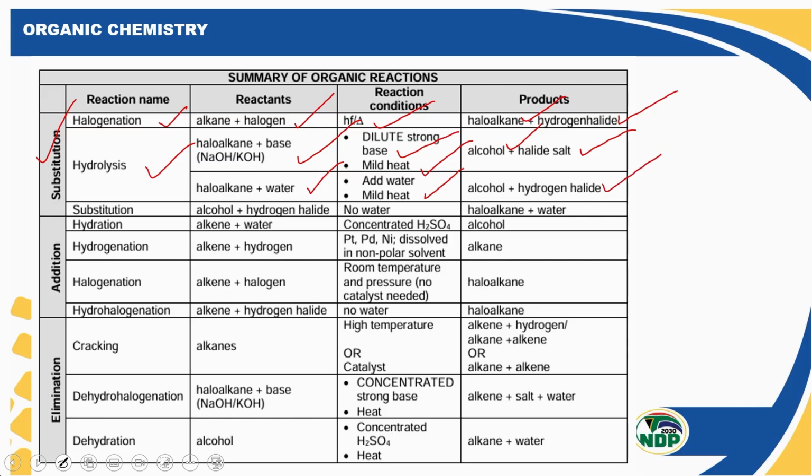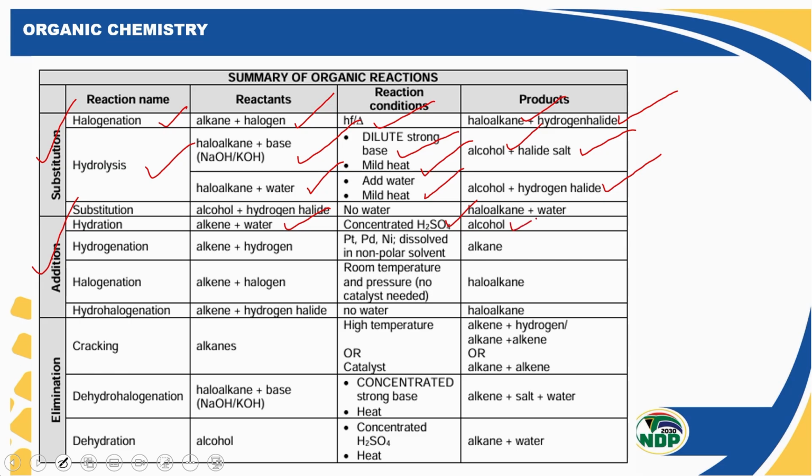You look at your reaction number 2, which has different types of it. That is your addition reaction. Type 1 of addition reaction is hydration, where an alkene reacts with water. Conditions there: it's a strong, concentrated acid, which is sulfuric acid.